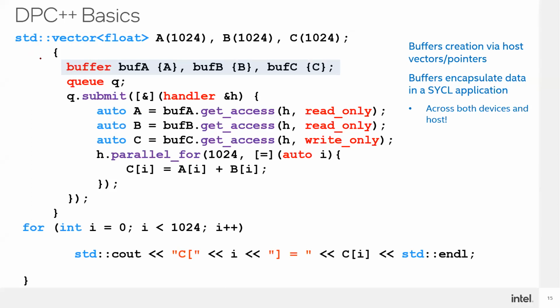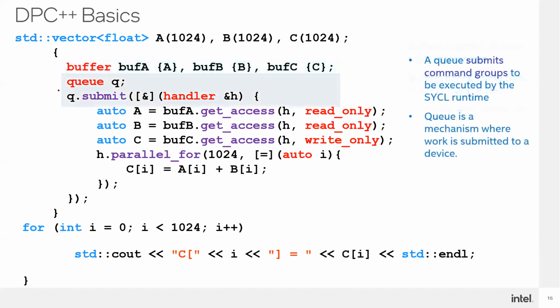What the standard expects you to do as a first step is to create a buffer and a queue. I would start with the creation of a queue first. The queue is a way you can link to a specific device. In reality, under the hood, it's not only the queue class which is constructed.